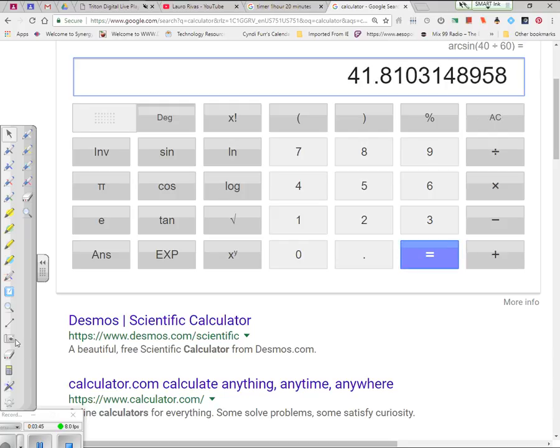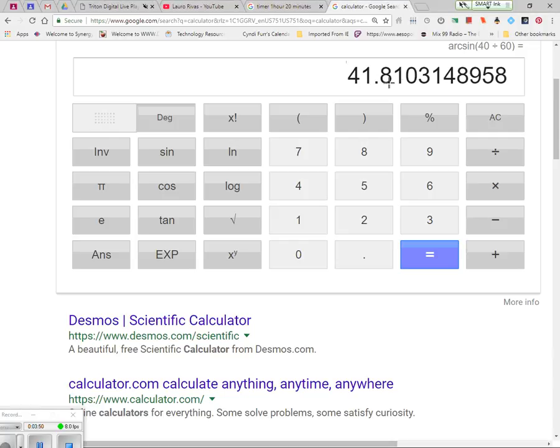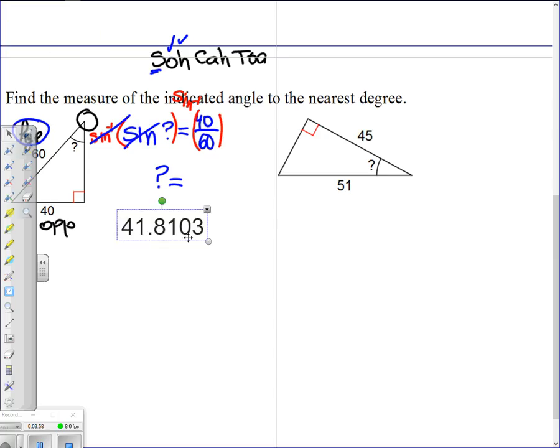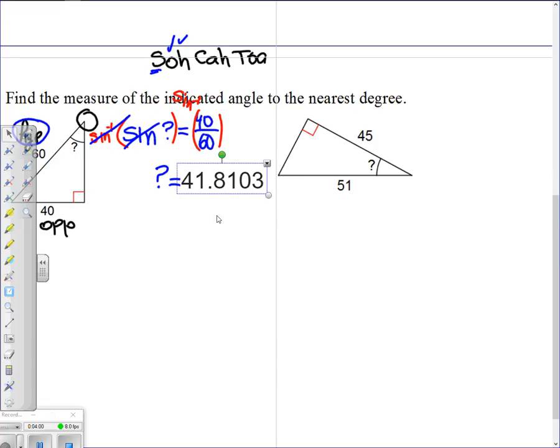So the answer is that, and you have to be careful because they ask you to round your answer. So you have to look and see what they ask you to round. Let's round to the nearest degree.